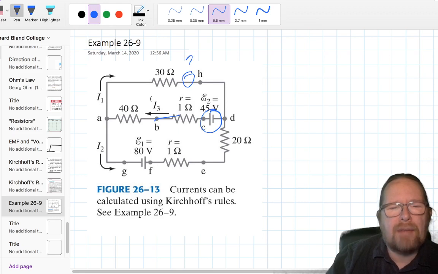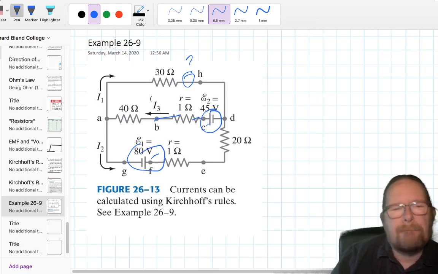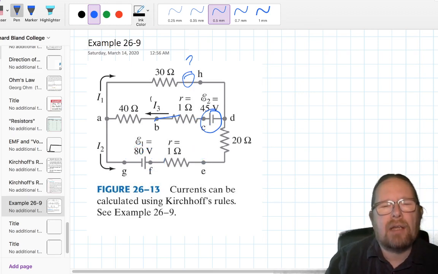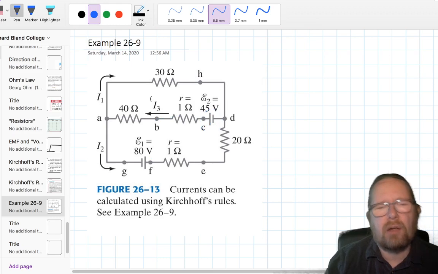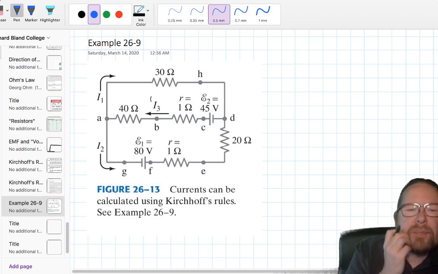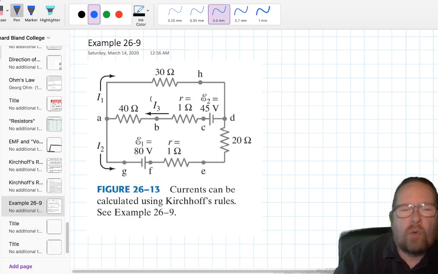We can't just add these together because these two batteries will affect the different branches of the circuit differently. So this is actually a much more complicated question than we can answer just by adding together resistances and using V equals IR. We have to analyze the circuit in terms of the potential difference around a loop.